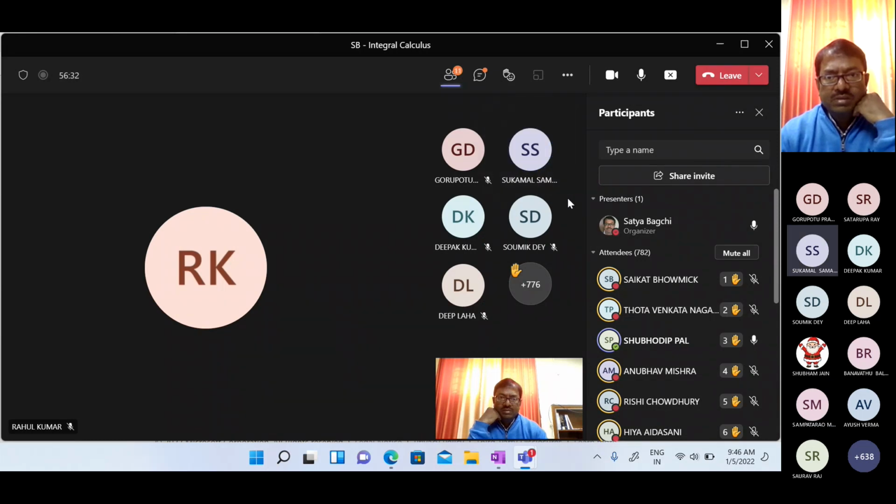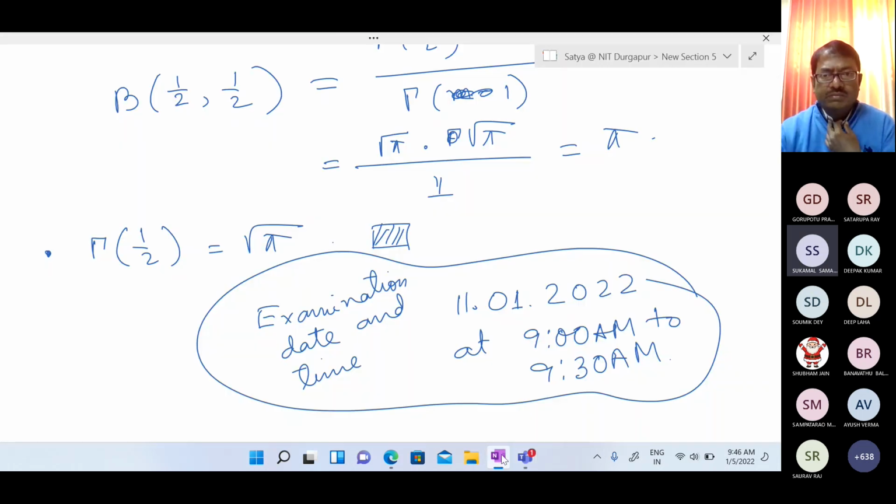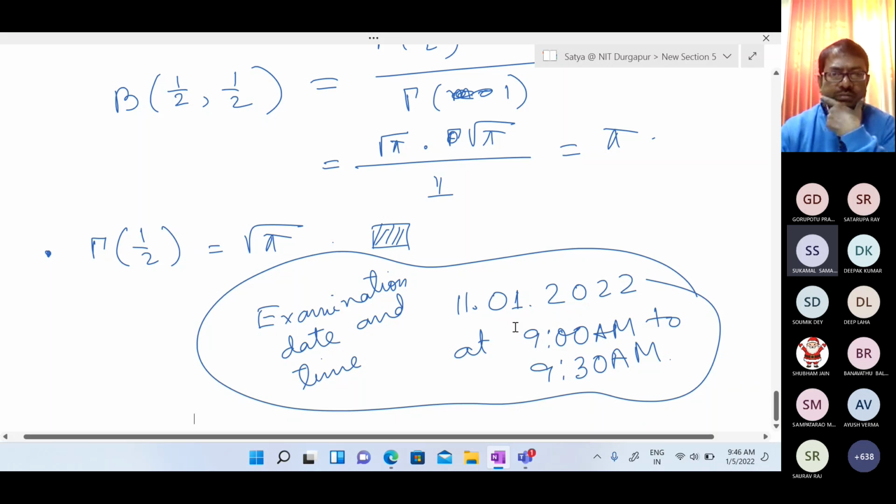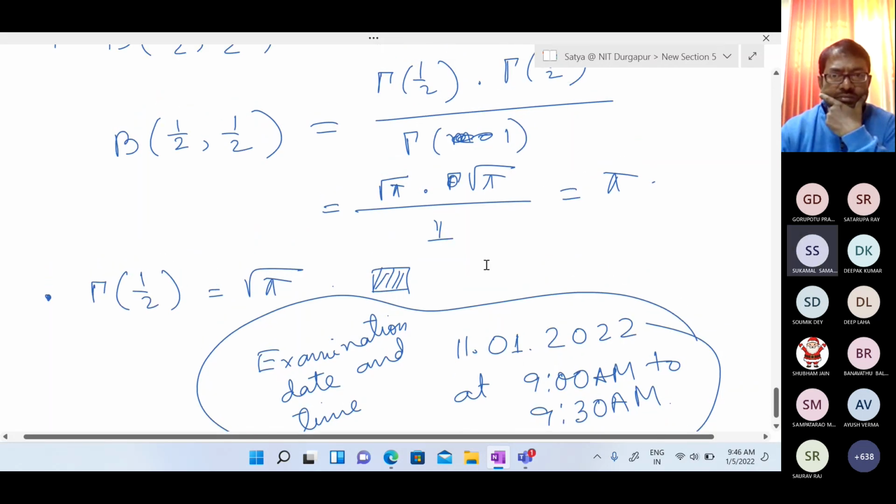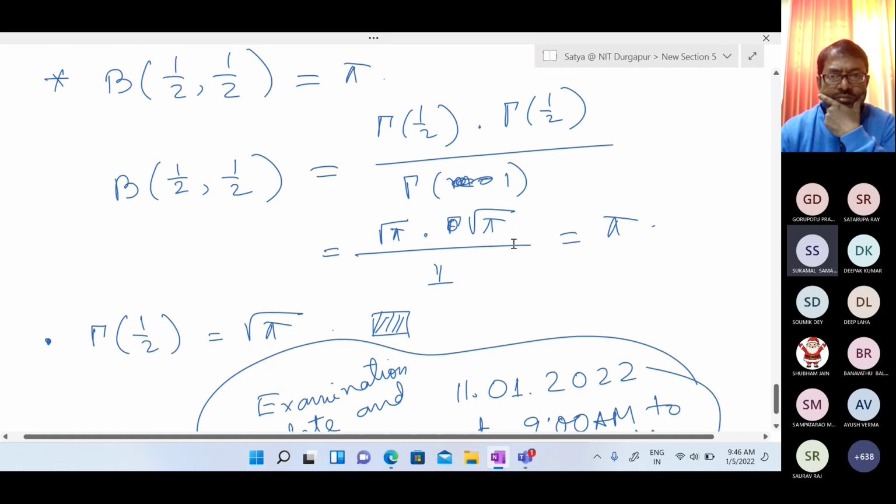Sir, we have proved that gamma m into gamma n equals gamma m plus n into beta m n. If we substitute m and n as 1 by 2 and 1 by 2, then it should be gamma of 1, and gamma of 1 is equal to 1.